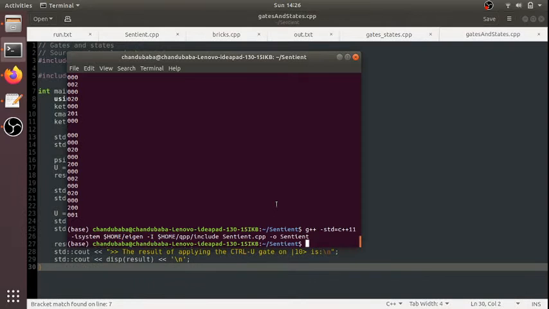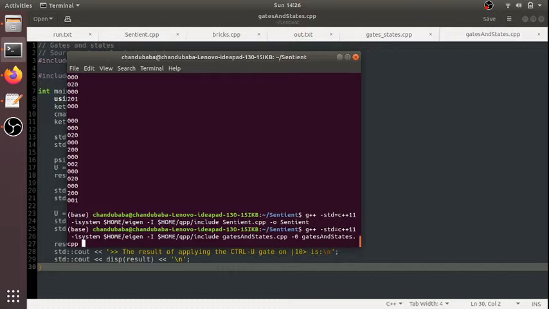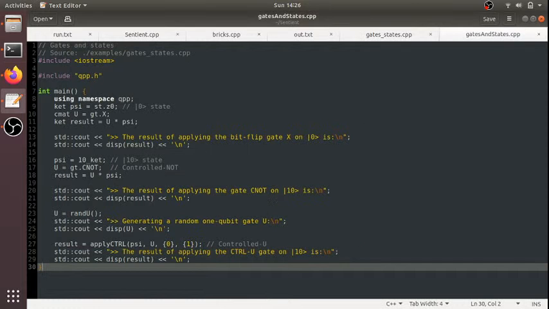Right. Gates and states. Output gates and states. States. What? Gates and states.